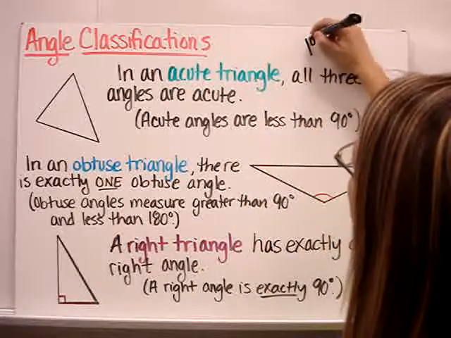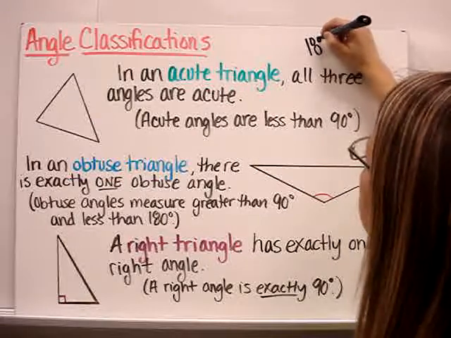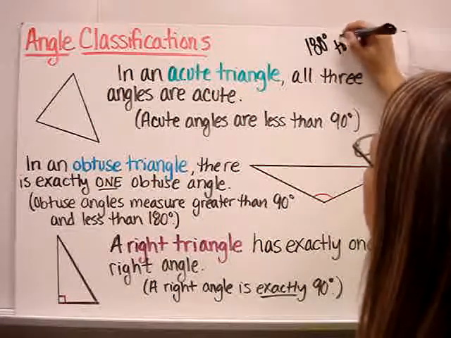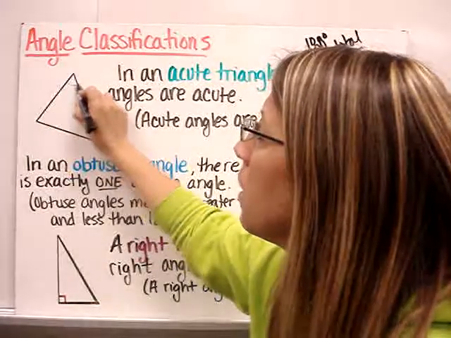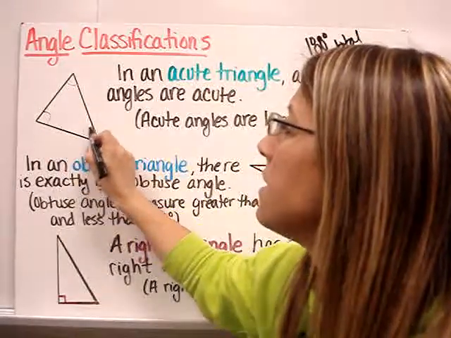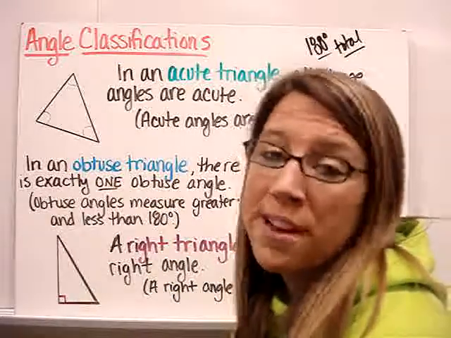So that would be a really good thing to put in your notes, 180 total. The interior angles, so this angle plus this angle plus this angle will equal 180 degrees.